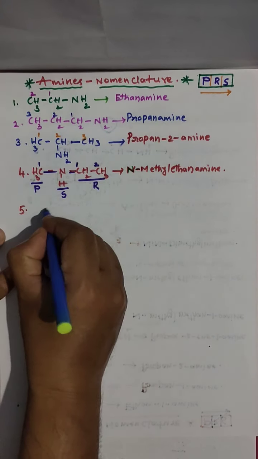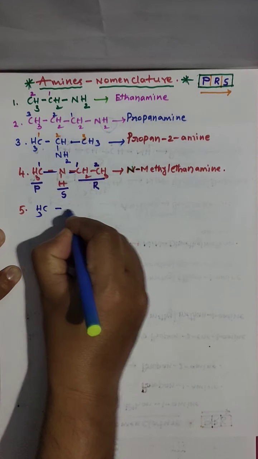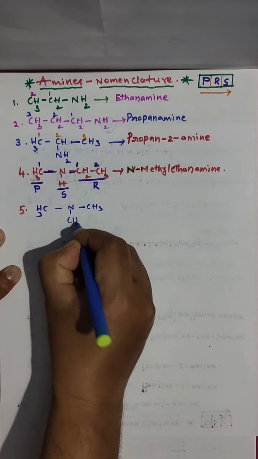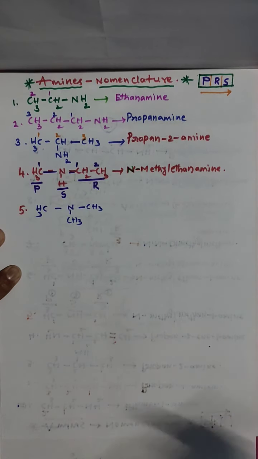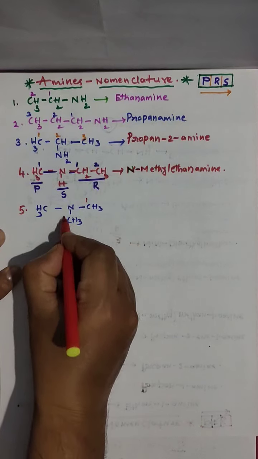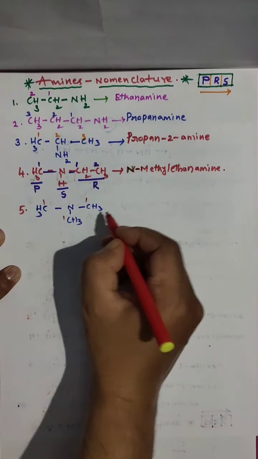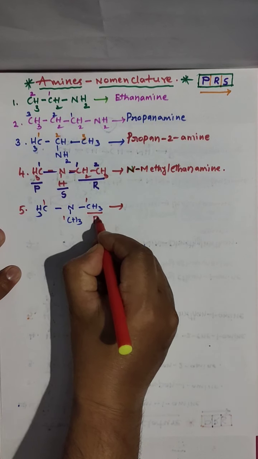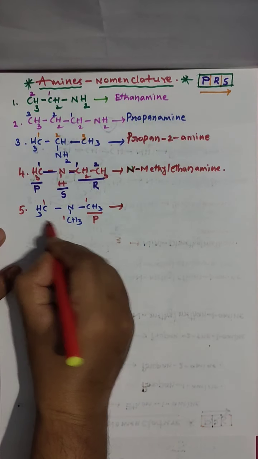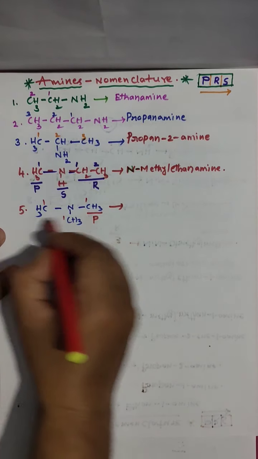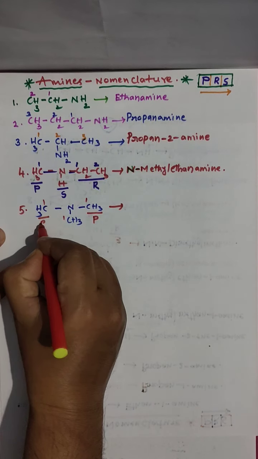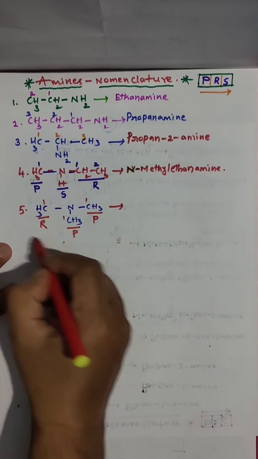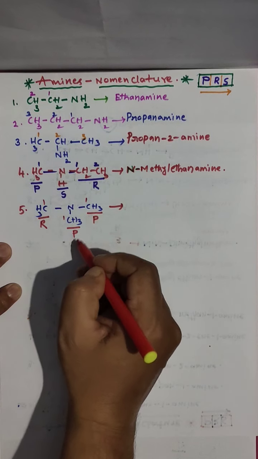Next, go for another one. Here I am giving CH3-N-CH3 with another CH3. See here now, this side 1 carbon, here also 1 carbon, here also 1 carbon. One carbon you have to take as the root word, and the remaining 2 carbons you have to take as the prefix.